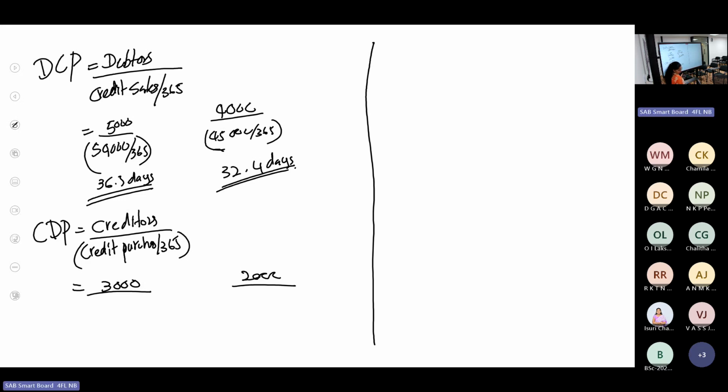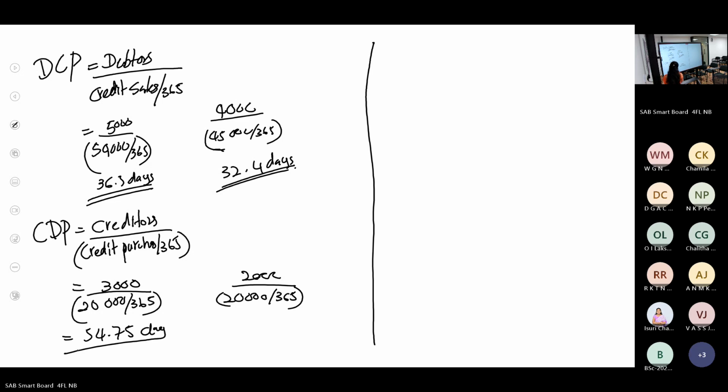Purchase is 20,000, 20,000. Credit deferral period for 2025, that is 54.75 days.